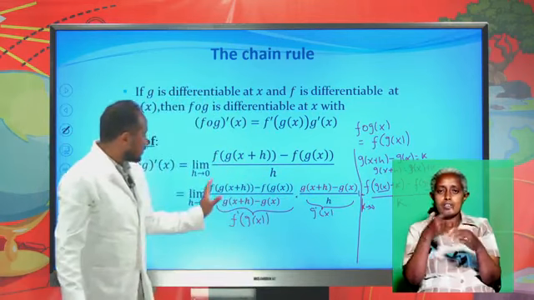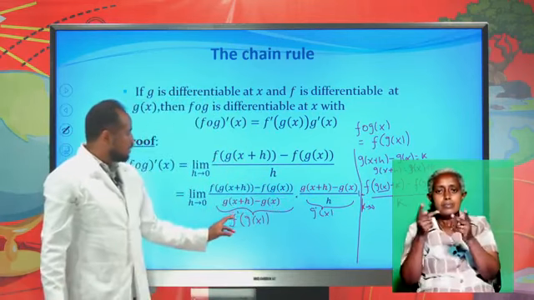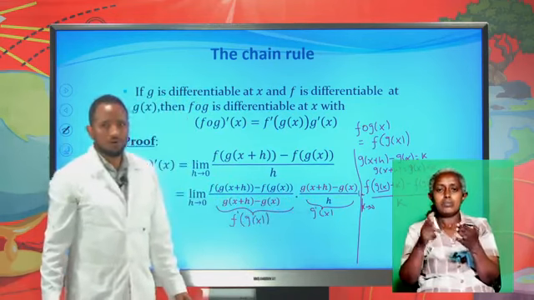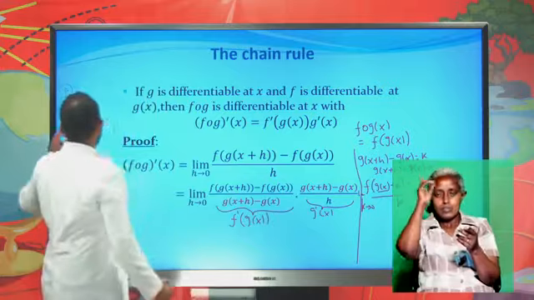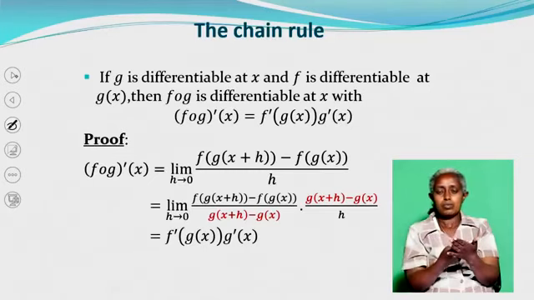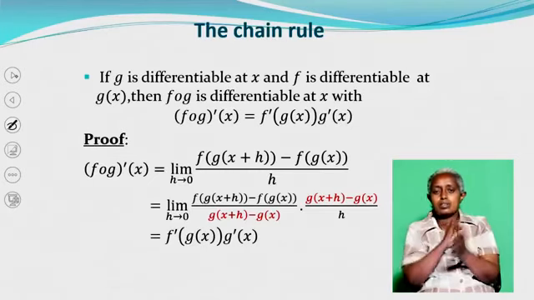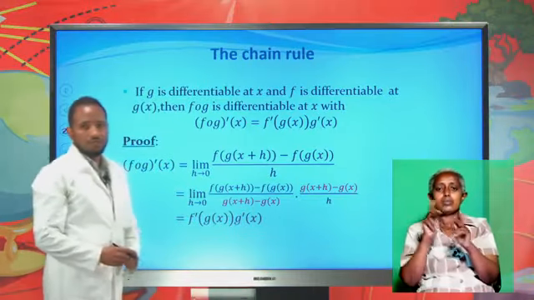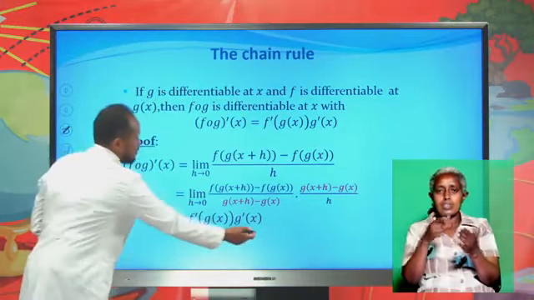Therefore this part will be f derivative of g of x, and the next part will be g derivative of x. So this completes the proof.